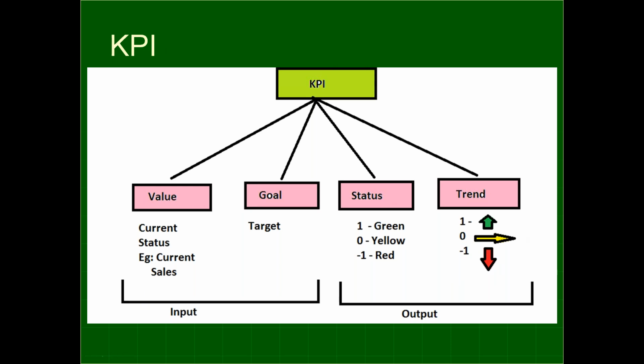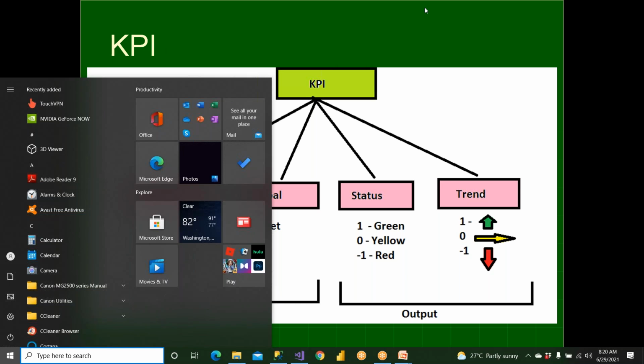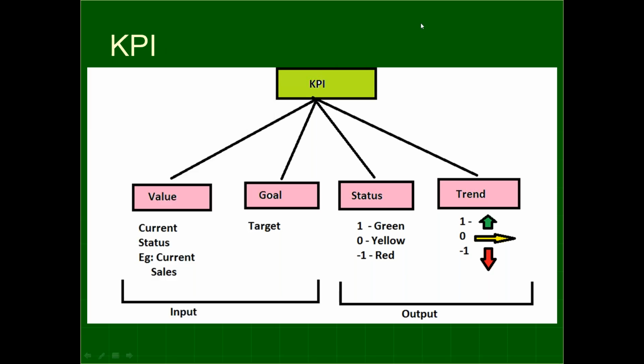For example, say sales amount. Let us say last month I put a target. Actual sales is $1,000, but what is the goal? My goal is $1,200. I have to get that revenue or income, right? But actual sales is $1,000 now.